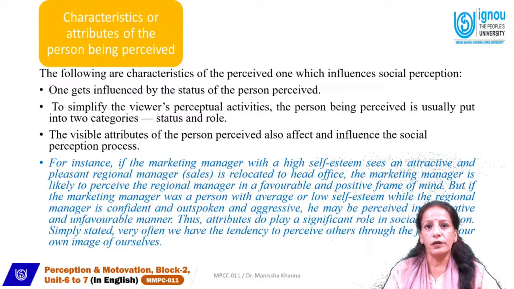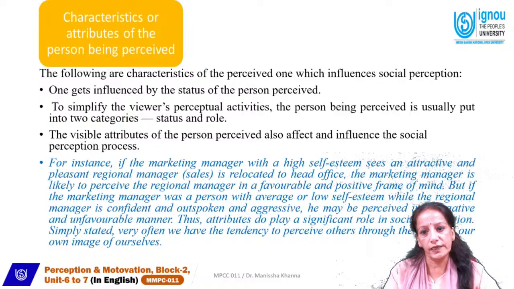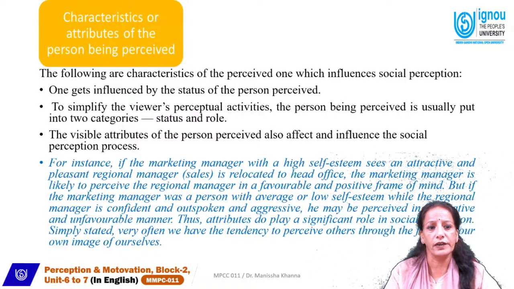For example, a marketing manager with high self-esteem sees an attractive and pleasant regional manager who is relocated to head office. The marketing manager is likely to perceive the regional manager in a favorable and positive frame of mind.